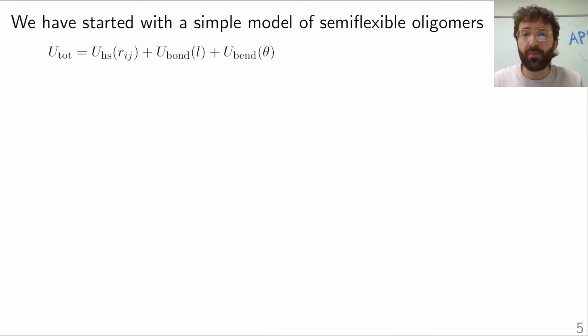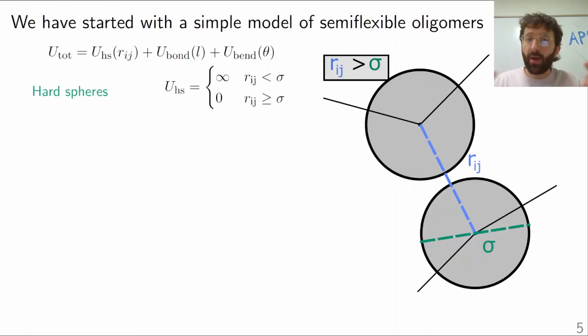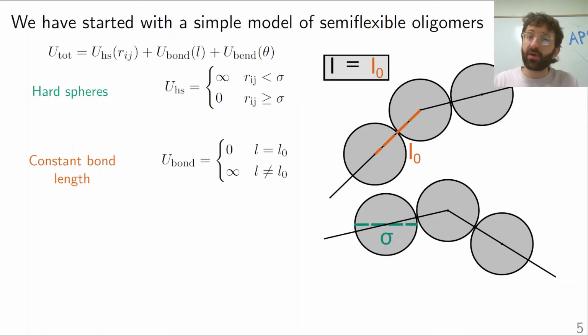The most important boilerplate stuff is talking about the potential model we used, i.e. what kind of polymers we are simulating. First of all, we have hard spheres. That means that the beads cannot overlap. We also have constant bond lengths because we do not believe that that length scale is important to the process of crystallization.